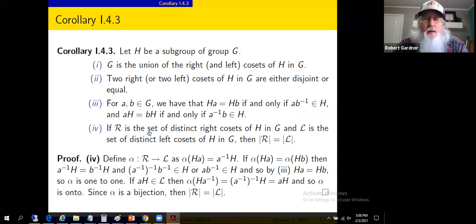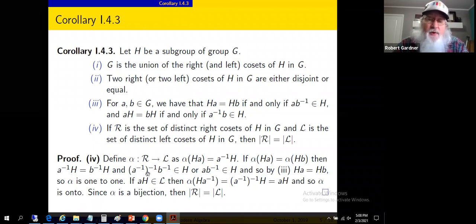We said in part 3 that we get equality of two left cosets, aH equals bH, if and only if a inverse b is an element of H. So we need to translate this into that lingo. So we'll take an inverse of this, multiply it by that, and say that has to be in H. a inverse inverse, b inverse is in H. That's exactly what part 3 says, translated from a and b up here to a inverse and b inverse down here.